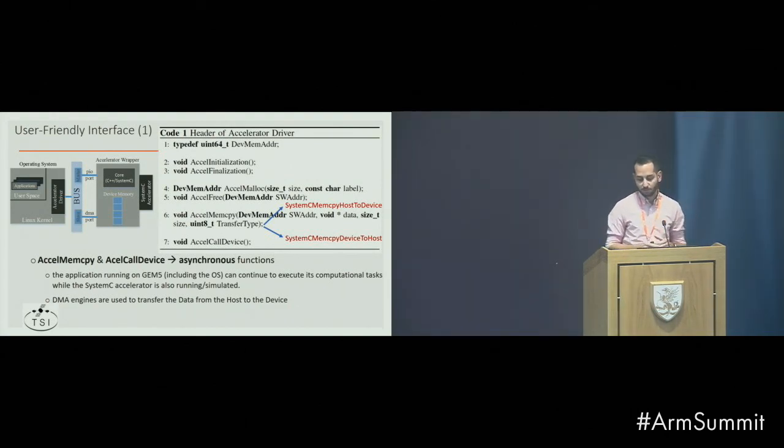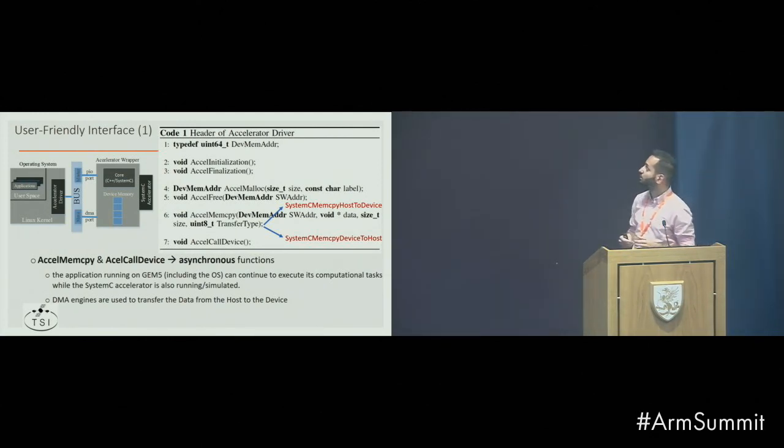In more detail, we have implemented 2 functions, accel initialization and accel finalization, which handle the initialization and finalization of the accelerator wrapper device and kernel driver. Subsequently, 2 functions, accel malloc and accel free, were implemented in order to allocate and free space in the accelerator wrapper's device memory using the buddy dynamic memory allocator.